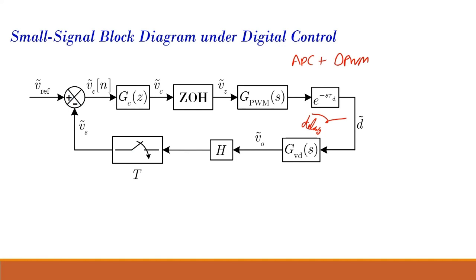So both those delays we combine into this delay tau d, and that generates my effective duty ratio, and that effective perturbation duty ratio is given to GVD, and that generates a change in the output, V output perturb. Okay, that is sensed by my feedback gain H, and then that is sampled using this sampling system. And that sampling is occurring at a uniform time period of T. Okay.